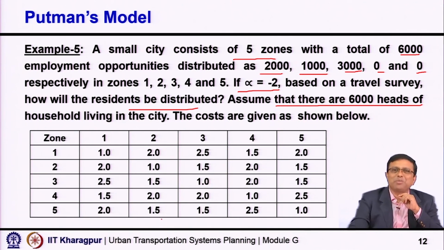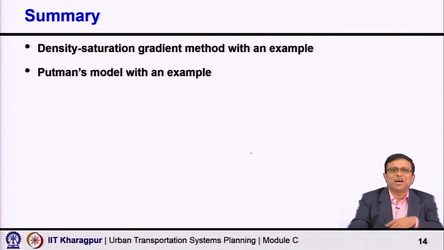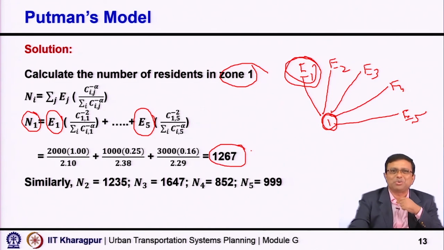If my travel time matrix is like this, alpha is -2, and we assume that Putman's model is applicable, you can get how the residential population will be distributed.